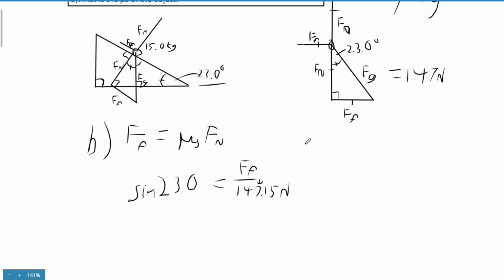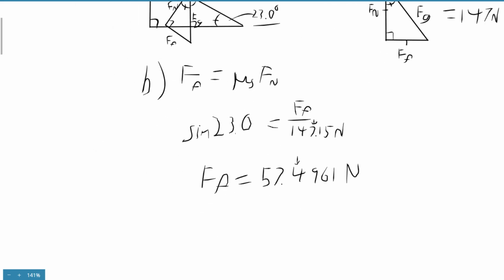Then put this in our calculator again. Sine 23 times 147.15. Ff equals 57.49. Let's try not to round this very much. 57.4961. I usually like to go to 4 decimals to make sure it's precise, but 3 sig figs.